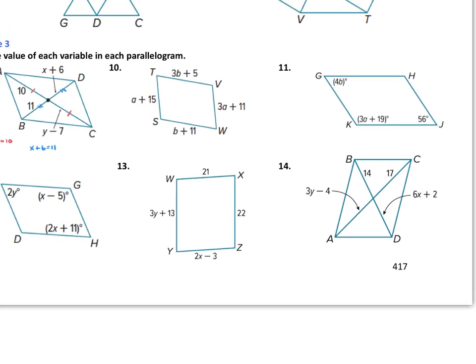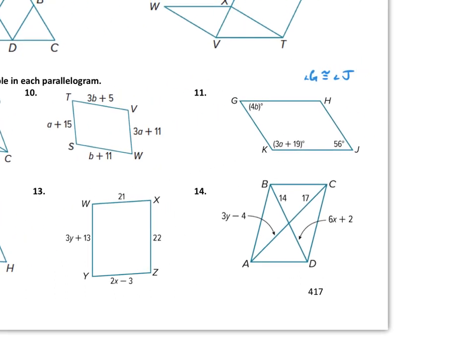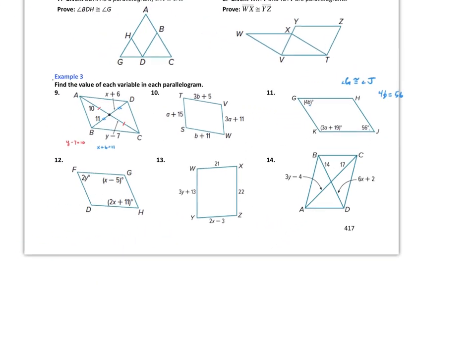I'm just going through a couple of examples here. I know that my opposite angles are congruent. So angle G is going to be congruent to angle J, so their values are going to be equal. So my measurement of 4B is going to be equal to 56, and that allows me to solve for that variable.